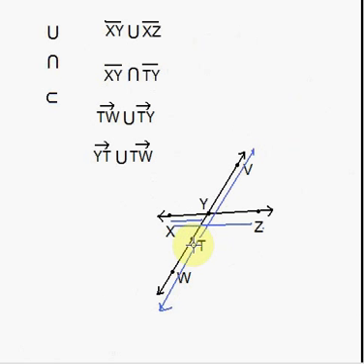Ray YT goes all the way, and ray TW goes all this way. So that is still ray YW. You could call it YW, you could call it YT, but you have to start with Y because that's the end point. Okay, let's do one more.